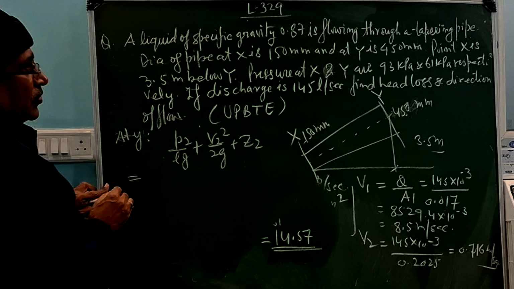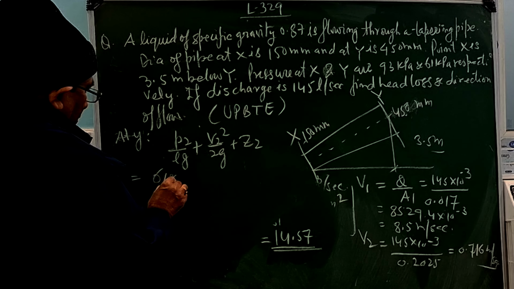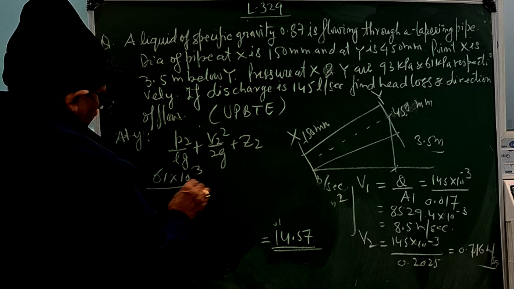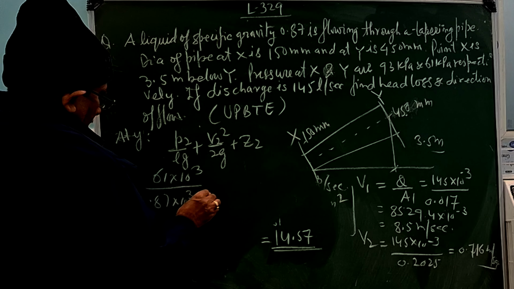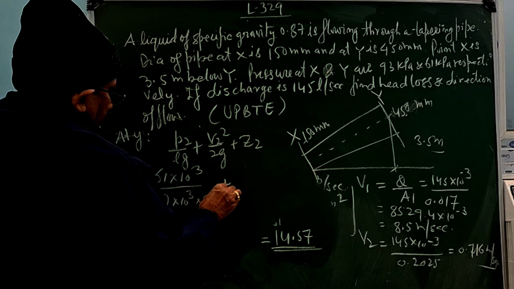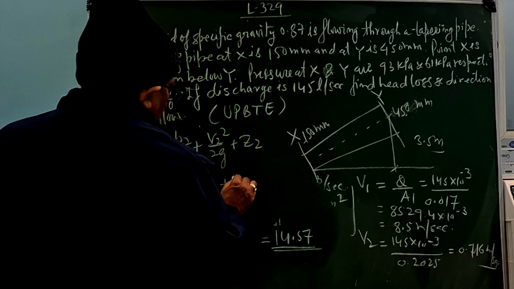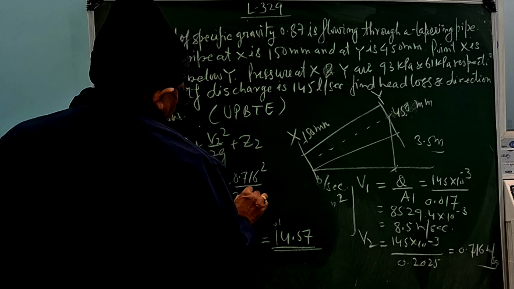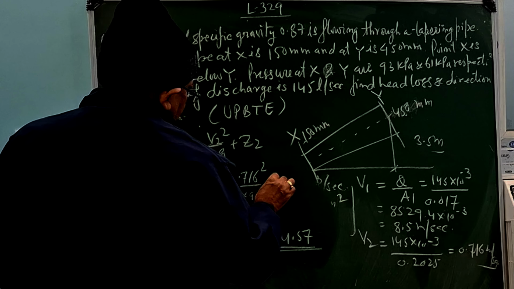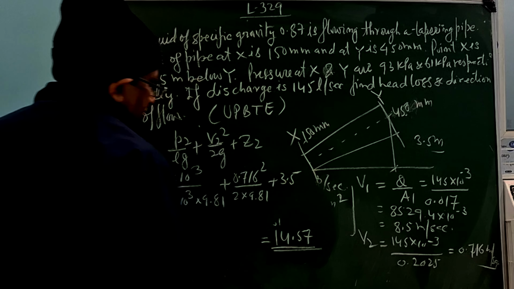This is P2 equals to 61 into 10 to power 3 divided by 0.87 into 10 to power 3 into 9.81, plus V2 square is equal to 0.716 square upon 2 into 9.81, and this is your 3.5 meter.